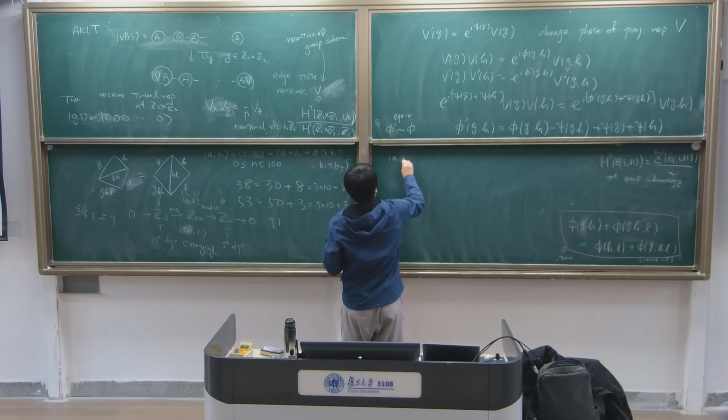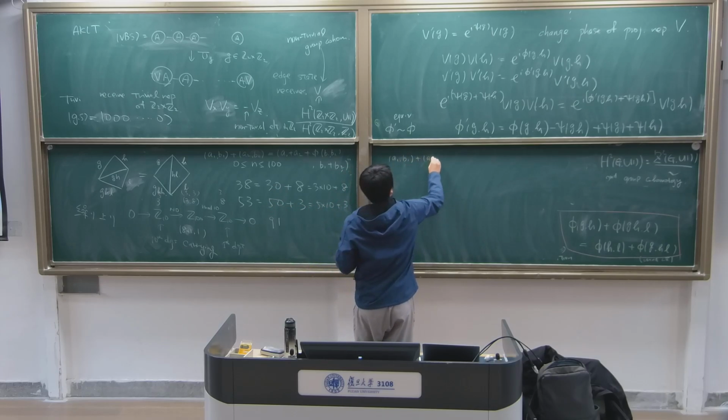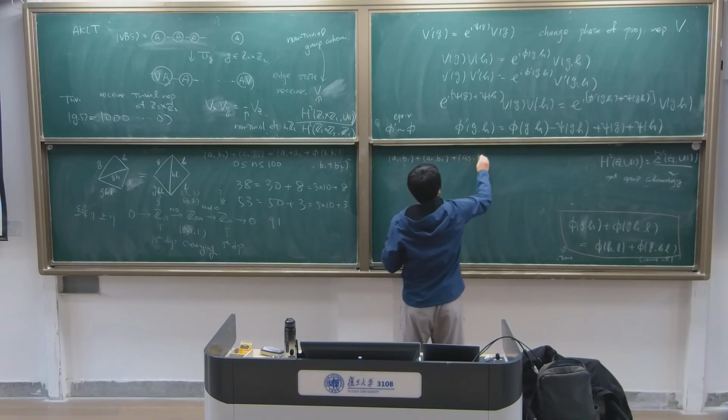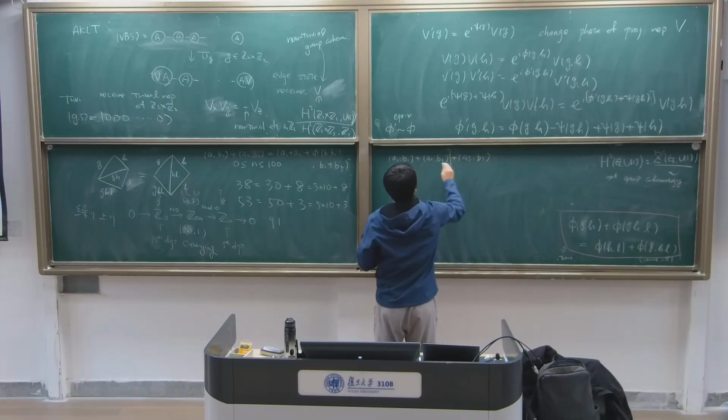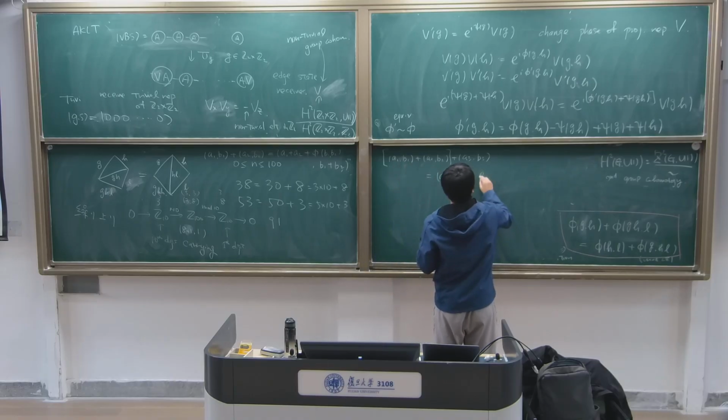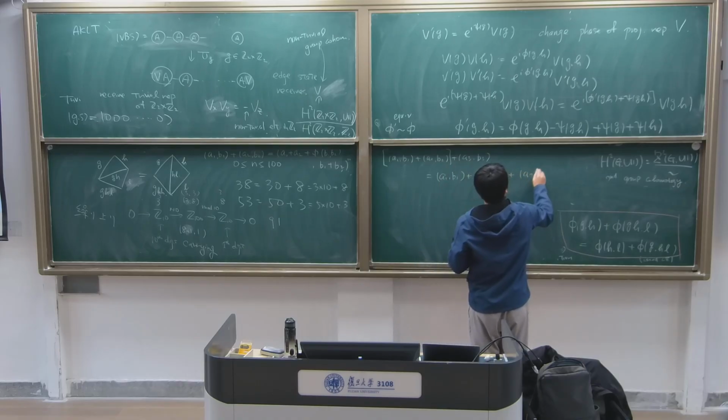A1 B1 plus A2 B2 plus A3 B3. And if you now add, this should be equal to A1 B1 plus A2 B2 plus A3 B3.